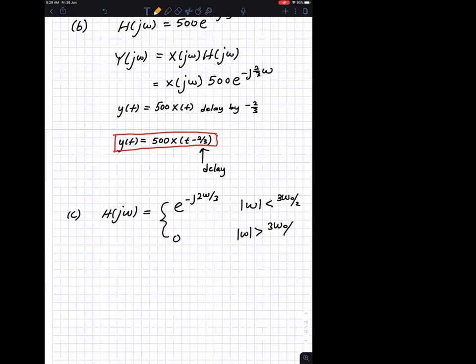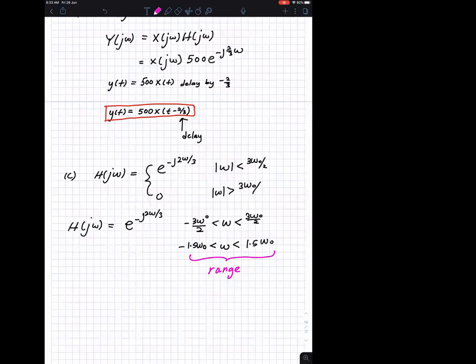So therefore I can just rewrite this H(j omega) is equal to e to the minus j 2 omega over 3, and omega is in between 3 omega naught over 2, but more than minus 3 omega naught over 2. Then you have this delay, time delay.